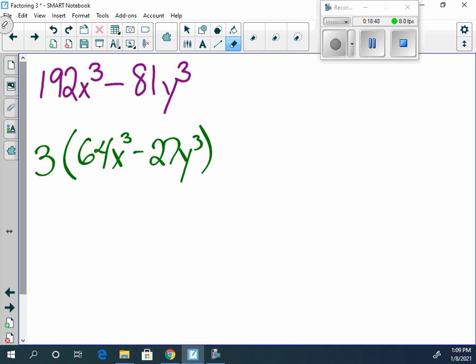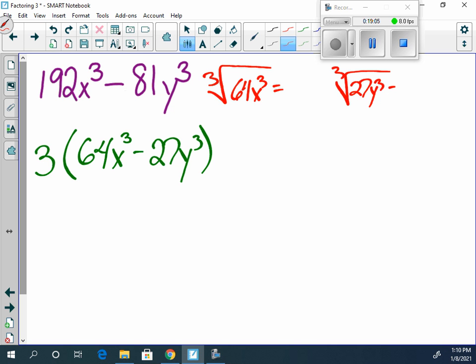So what we needed to do was factor out that 3, and once we did that, we got our perfect cubes. Now I went on and just filled those in because we've already had 64 and 27 show up already. The cubed root of 64 is 4, and the cubed root of 27 is 3.